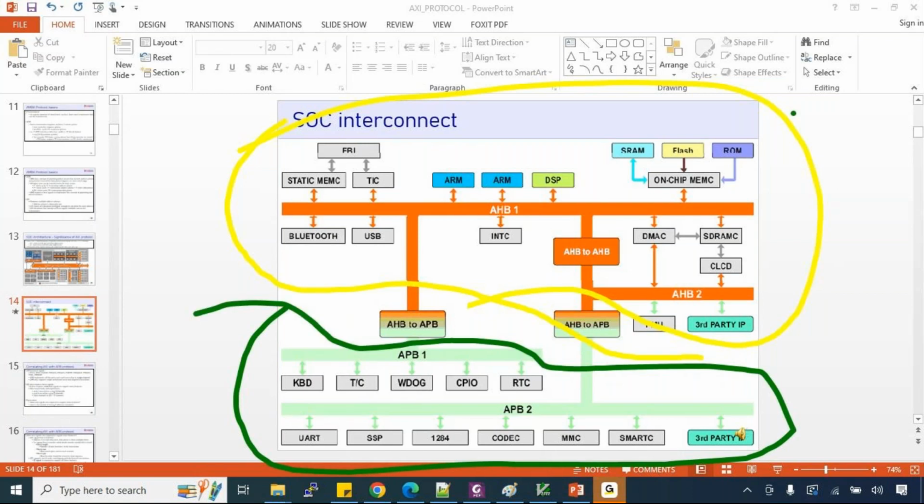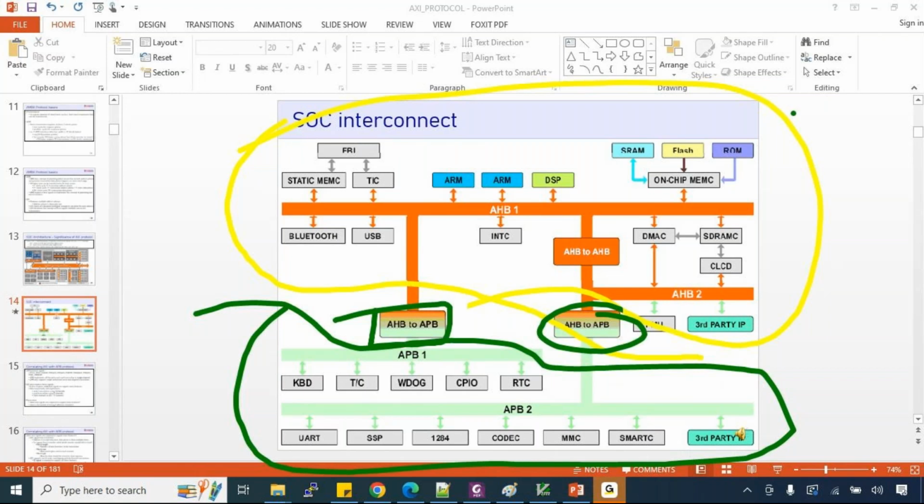This is all working on APB. AHB and APB are different protocols actually. To connect both of them, we use something called a bridge, which converts AHB signals to APB format. Backwards, APB to AHB, it also does the same thing.